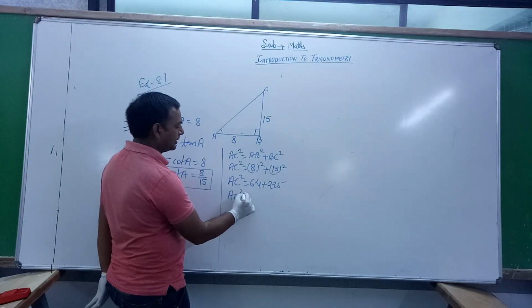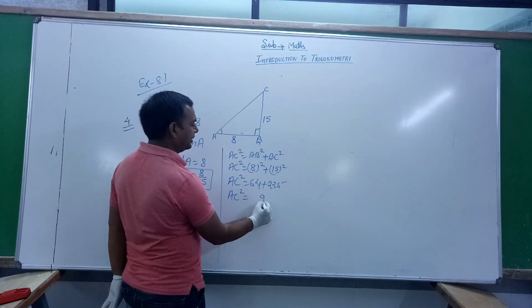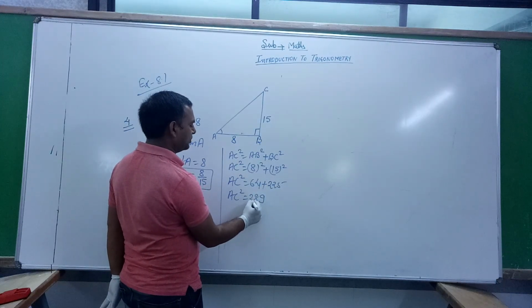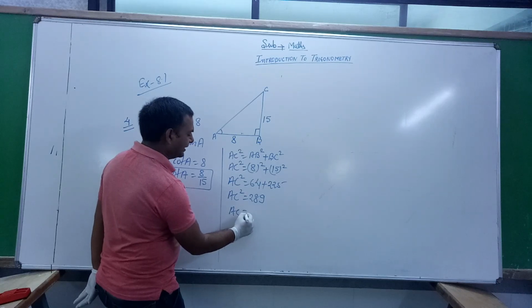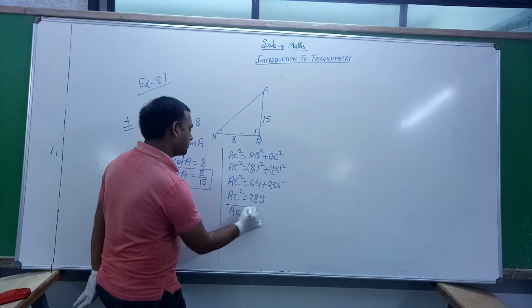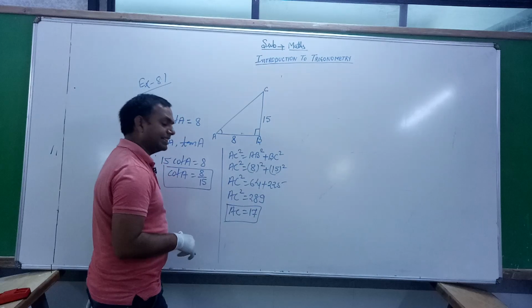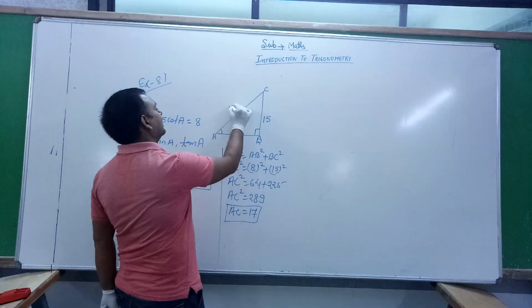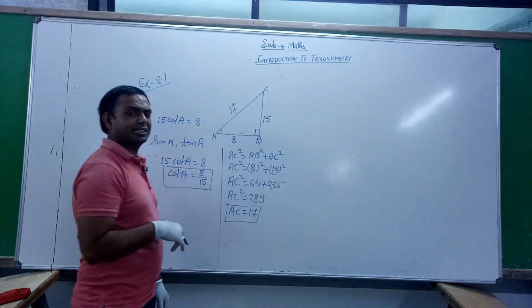Therefore AC squared is equal to 289. So AC is equal to 17. The value of AC is 17, so the hypotenuse is equal to 17.